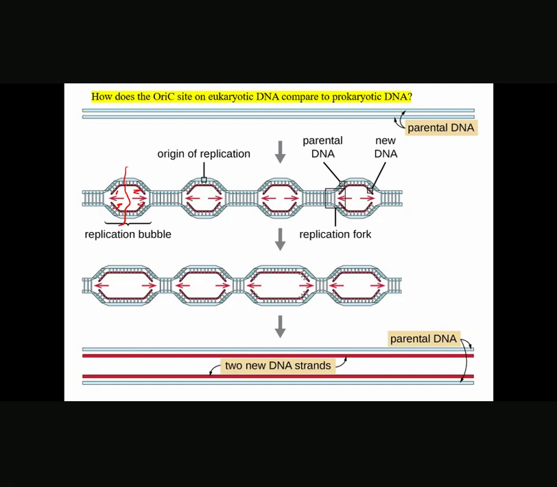We have 2 replication forks from each, so starting in each origin, we go in opposite directions from each origin site. So we have 2 replication forks, 1 and 2. And each replication fork is creating 2 strands of DNA. So a total of 4 strands of DNA is being synthesized at any one time. And then we keep going until we bump into each other, and then we eventually separate the DNA into 2 brand new strands.